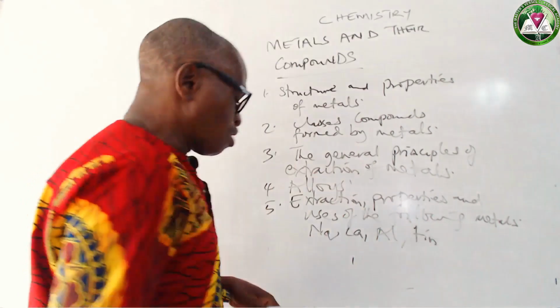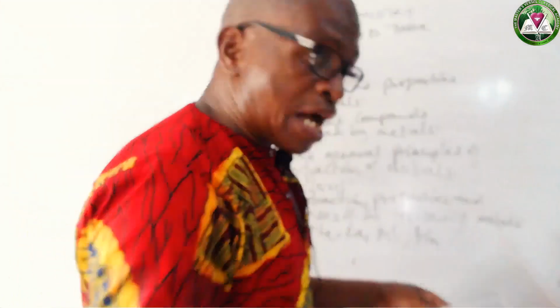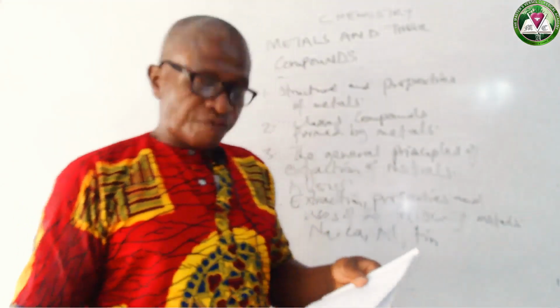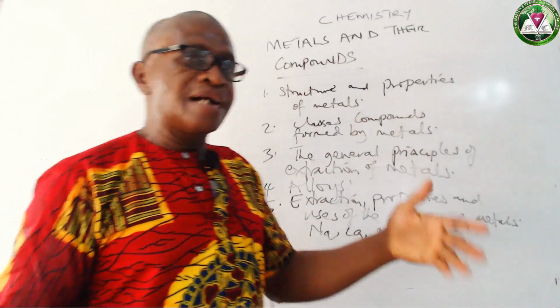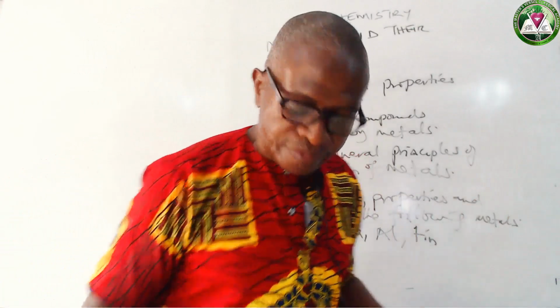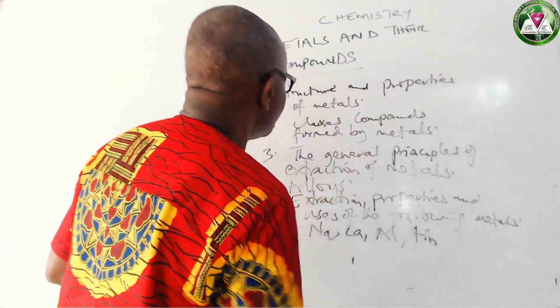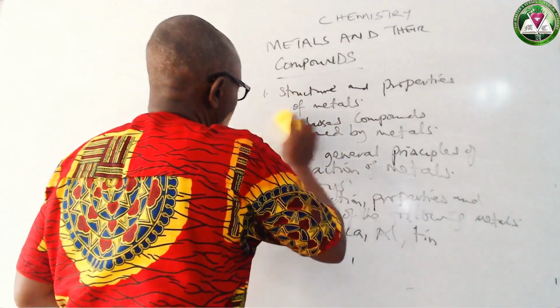After we look at this, later on we will look at first transition metals, where you now see your copper and iron. Let us see how we will go.